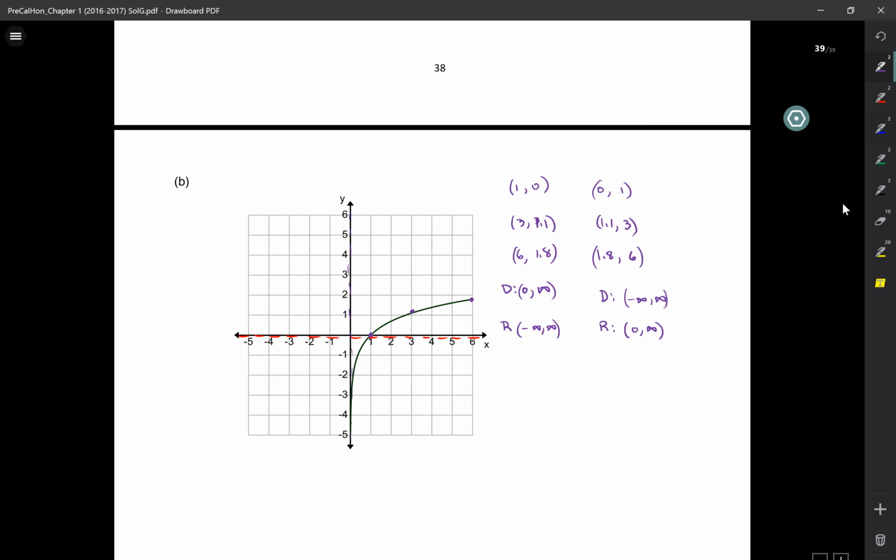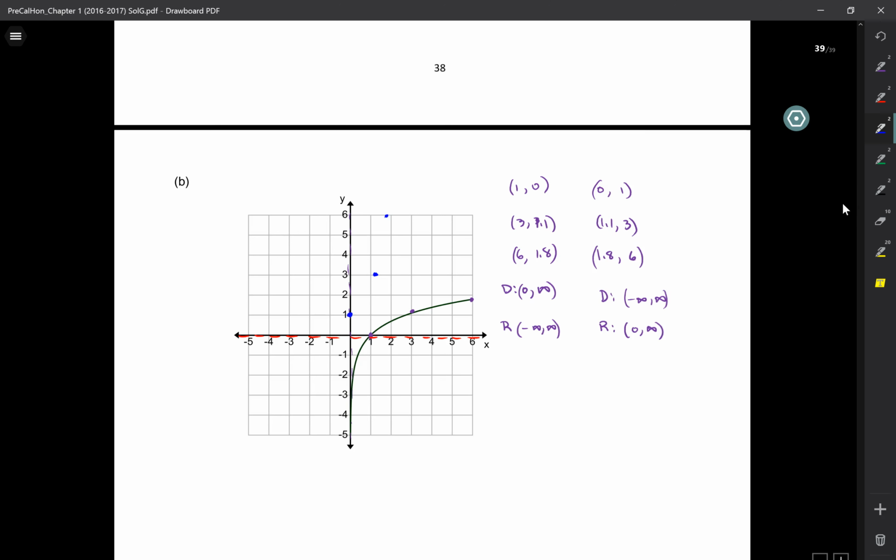All right, so let's graph these points. So when x is 0, y is 1. When x is 1.1, y is 3. When x is 1.8, y is 6. Okay, so it looks like this.